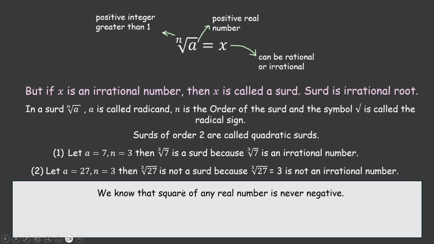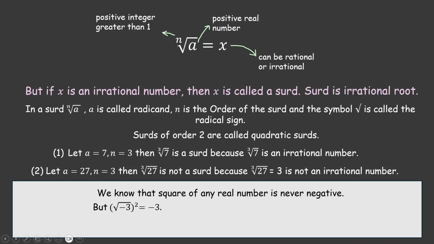Also, we know that square of any real number is never negative. Like if we do square of 3, positive 3, that is 9. If we do square of negative 3, negative 3 into negative 3 is also positive 9. So square of any real number is never negative.